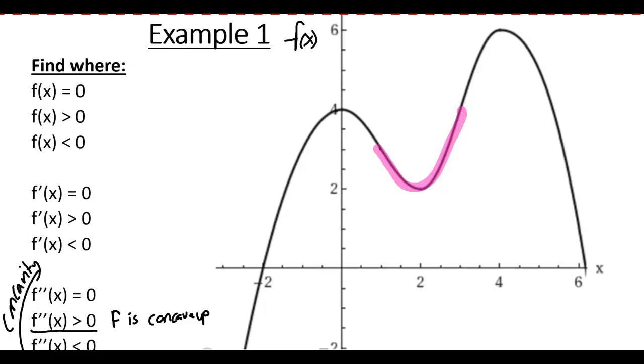This x value here would probably be about x equals 1. And this x value here would probably be about x equals 3.5. And I'm just estimating, you guys. So if you put 3, that's okay. It doesn't matter. The point is, are you getting pretty close to it, right? We don't have exact answers for this. So from 1 to 3.5, I would say that the graph is concave up.